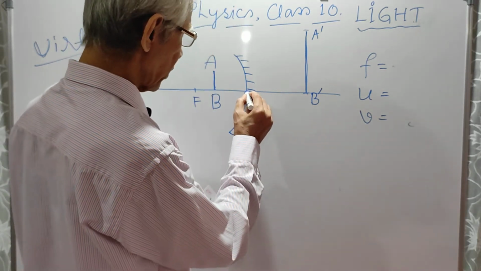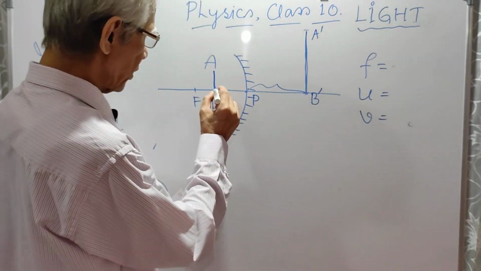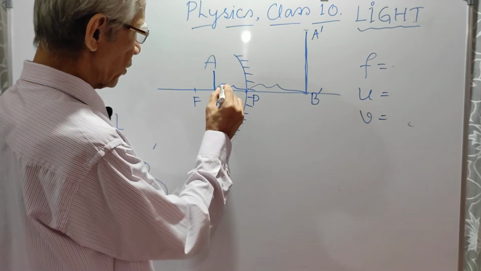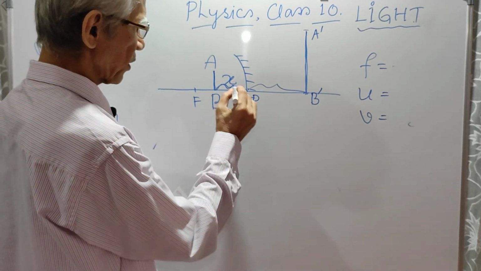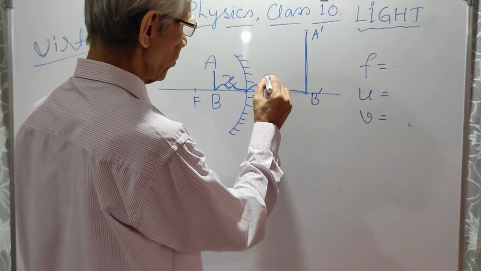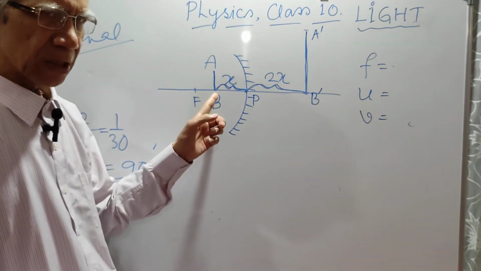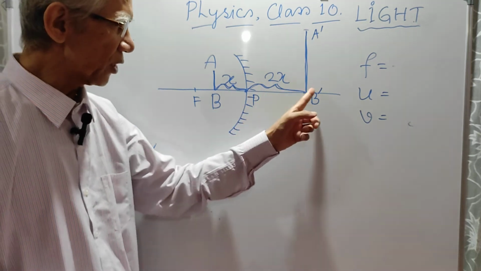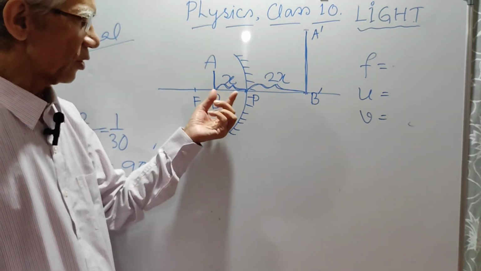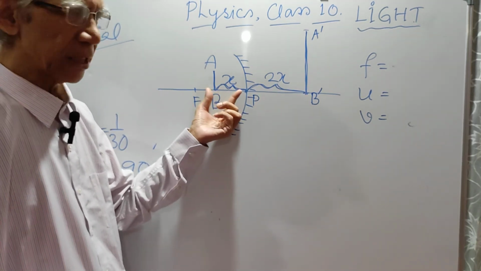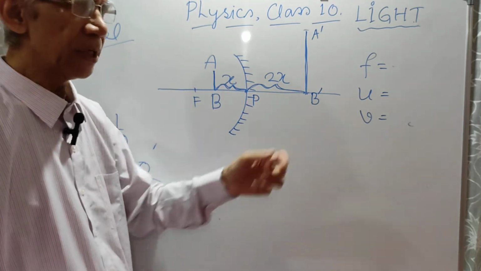Now this is the image distance, and this is the object distance. So this object distance, let us take again x. Therefore, this image distance will be twice x. So the image is twice the size of the object, therefore the image distance will be twice the object distance. So the object distance numerical value is x. Therefore, this numerical value will be twice x.